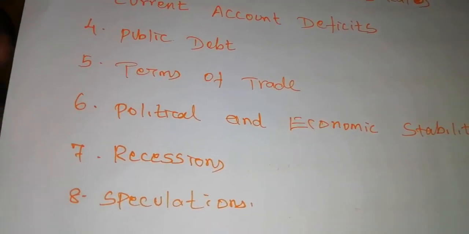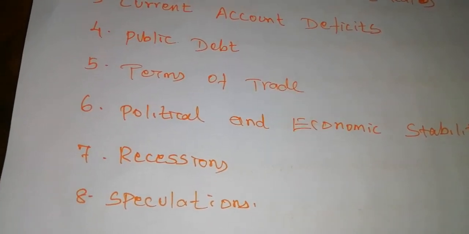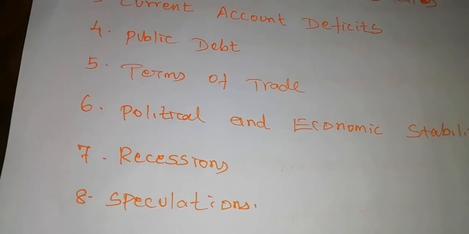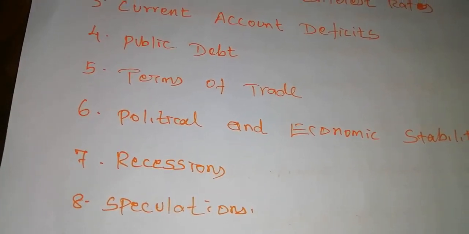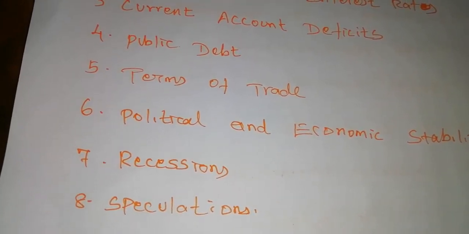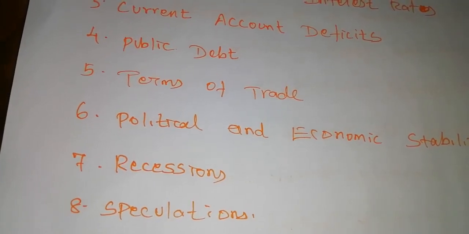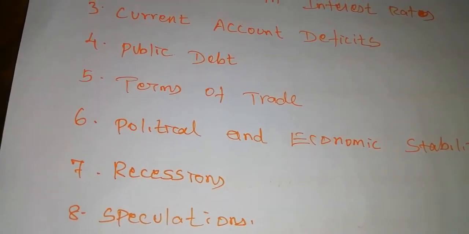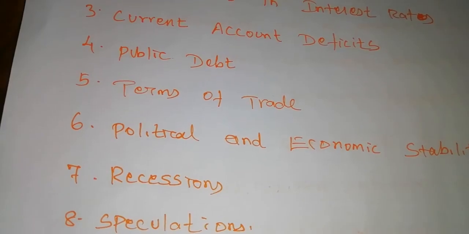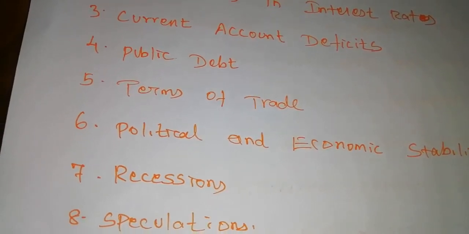Next, terms of trade. A country's terms of trade also determine the exchange rate. If the price of a country's exports rises at a greater rate than that of its imports, its terms of trade will improve.